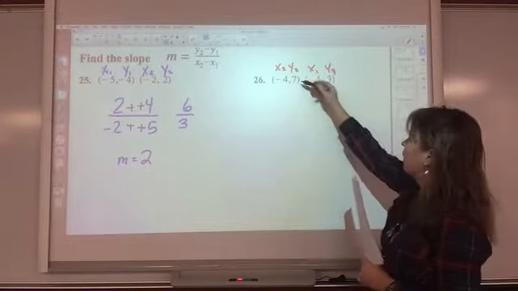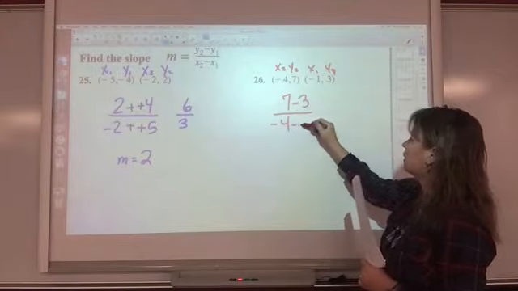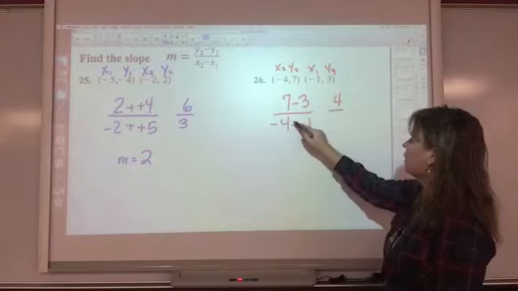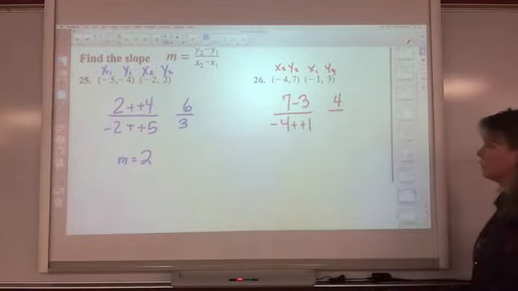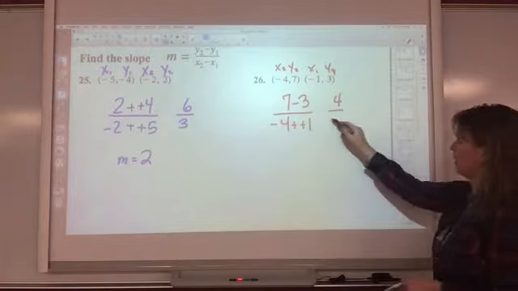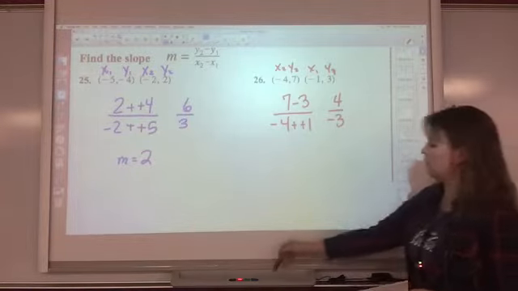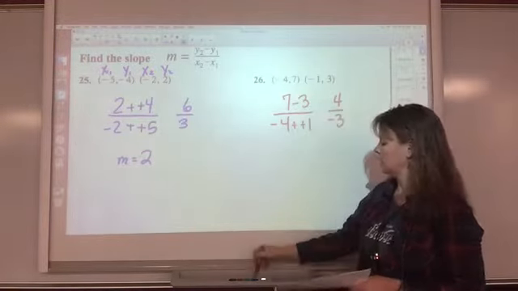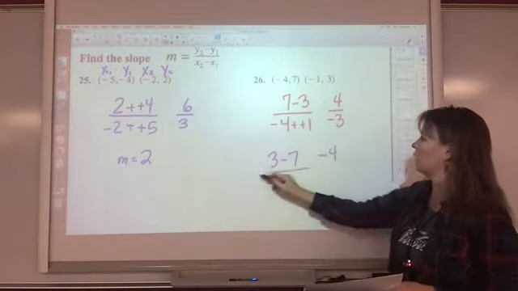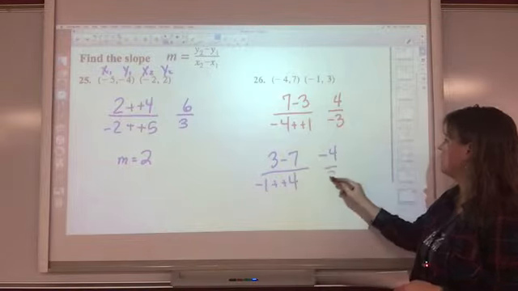Different problem here, but I'm going to work at 7 minus 3 and -4 minus -1. 7 minus 3 is 4. -4 minus a -1, which is positive, will give you a -3. -4/3 is your answer. If you did it consistently in the other order and took 3 minus 7, you would get -4. -1 minus -4 gives you a +3.